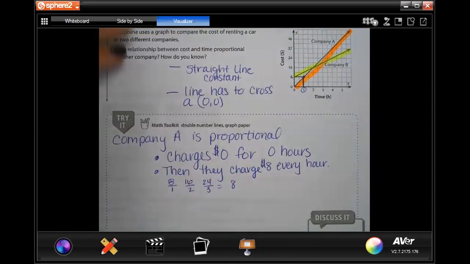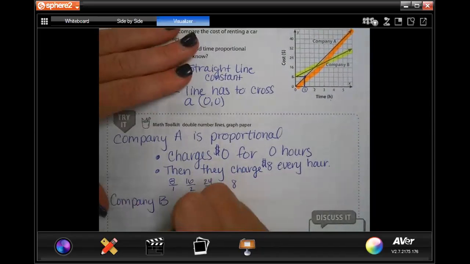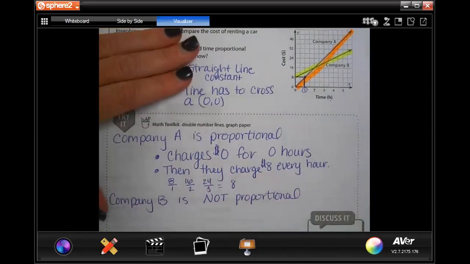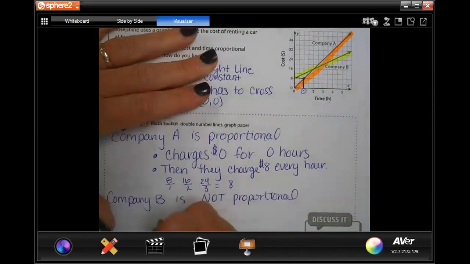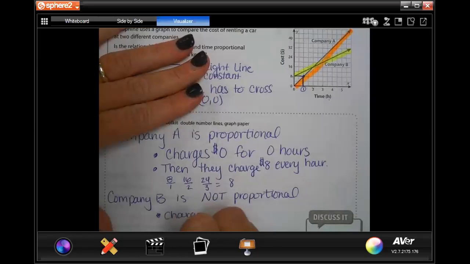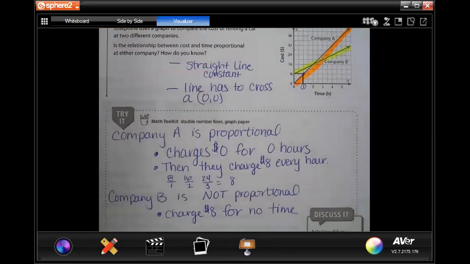Okay. Company B. Well, company B, darn it, is not proportional. And here's why. They charged probably just for going into them, without even renting it, they charge $8 for no time at all. And some places do that, right? But it just means they're not proportional. There's nothing wrong with it.